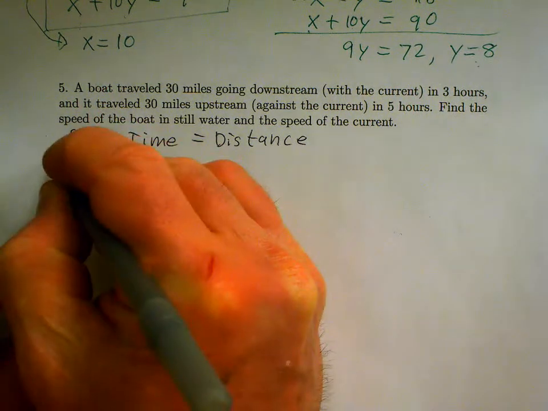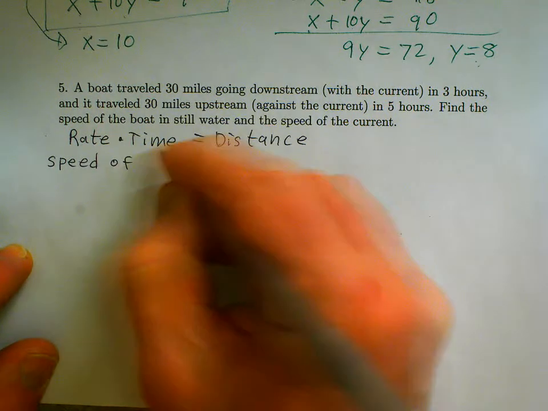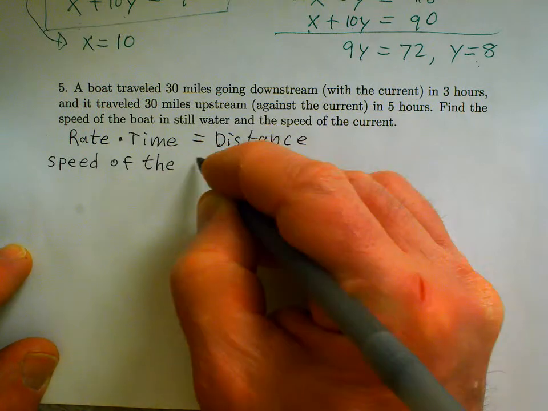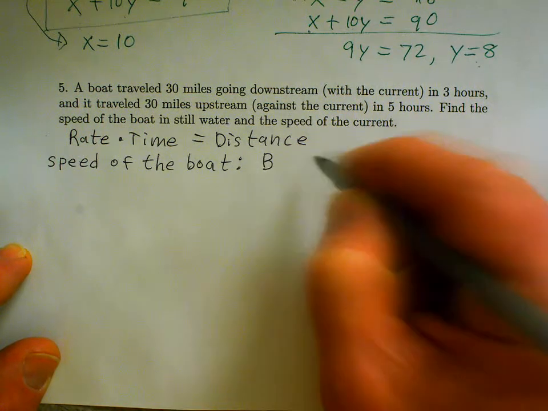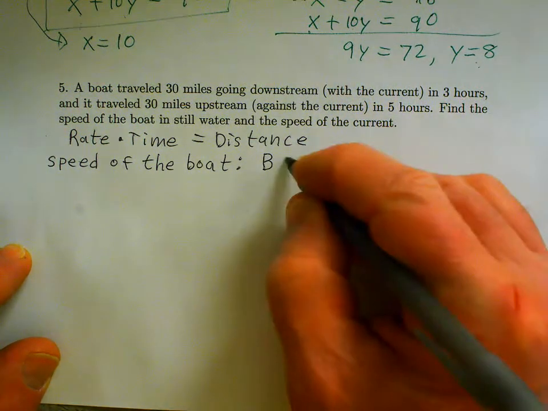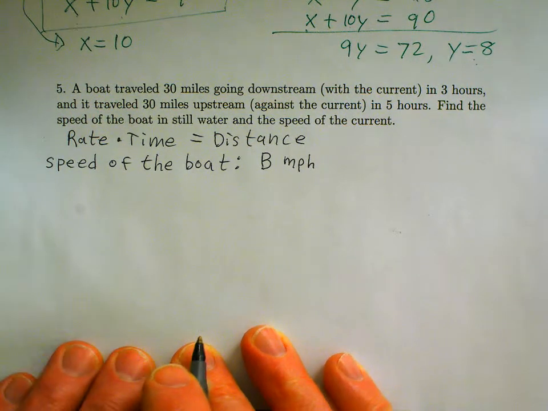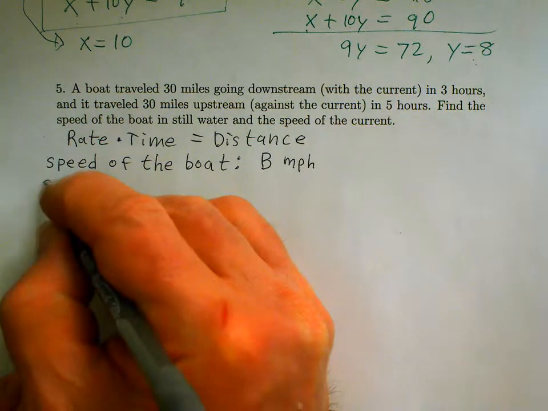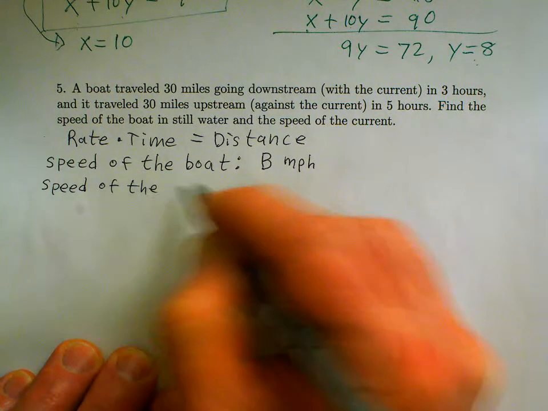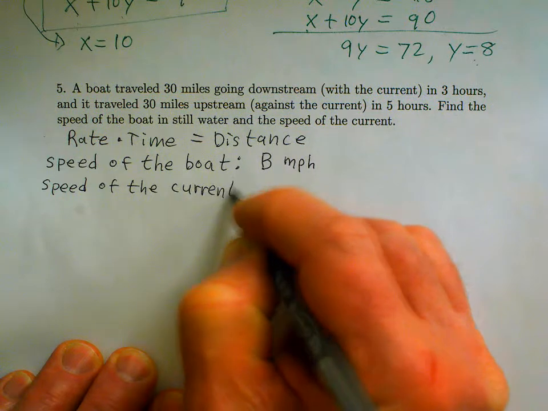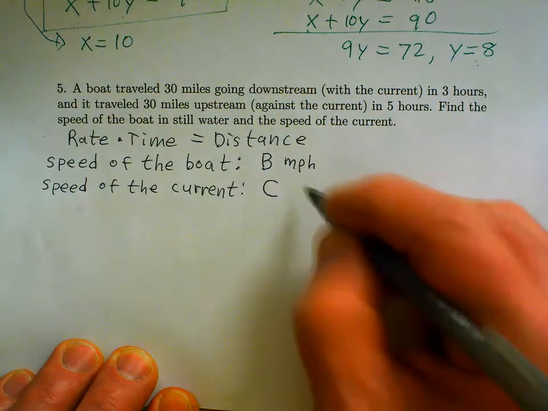So the speed of the boat in miles per hour, I'll use capital B to represent the speed of the boat measured in miles per hour. And then the speed of the current, I'll use capital C, measured in miles per hour.